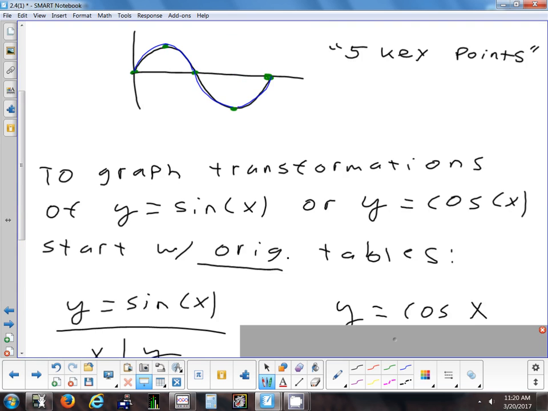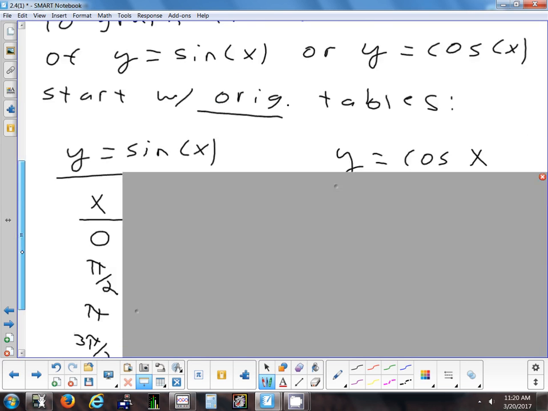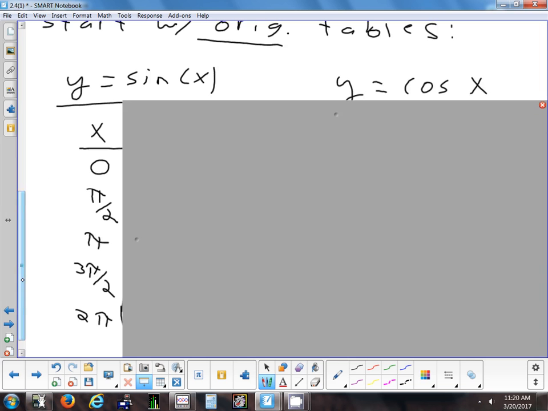Okay, so what we're going to do is graph these points. We're going to make a table. And every point here is 90 degrees apart. In fact, we just went through them on the calculator: 0, 90, 180, 270, 360. What I've written out are those values in radians instead of degrees: 0, pi over 2, pi, 3 pi over 2, and 2 pi.